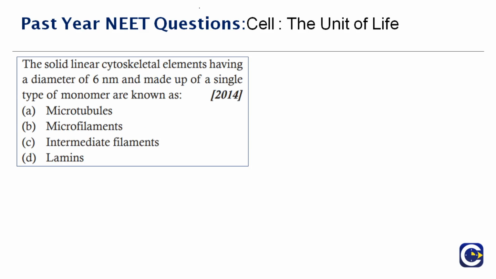Now, let's move to the next question here. Read it here. This question was asked in the year 2014. The solid linear cytoskeletal elements having a diameter of 6 nanometer and made up of a single type of monomer are known as dash. Okay. So here, we are talking about the cytoskeletal element.